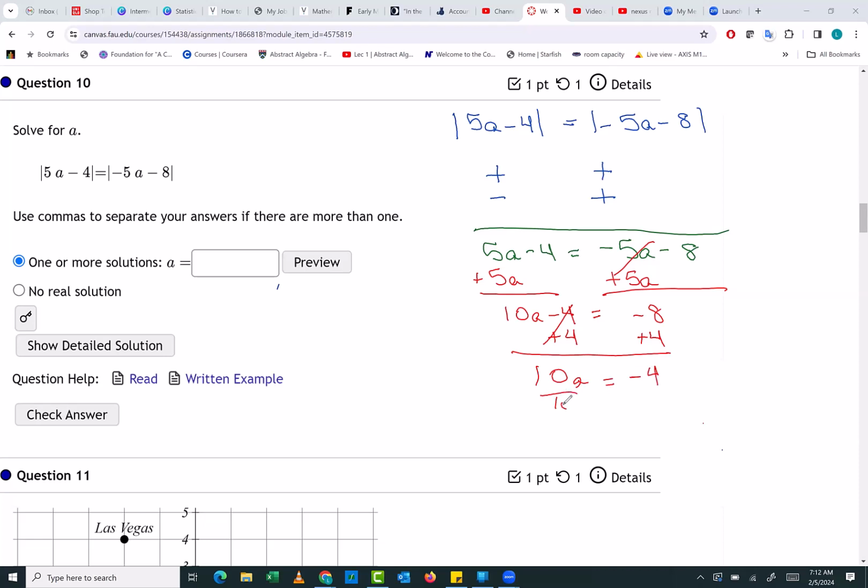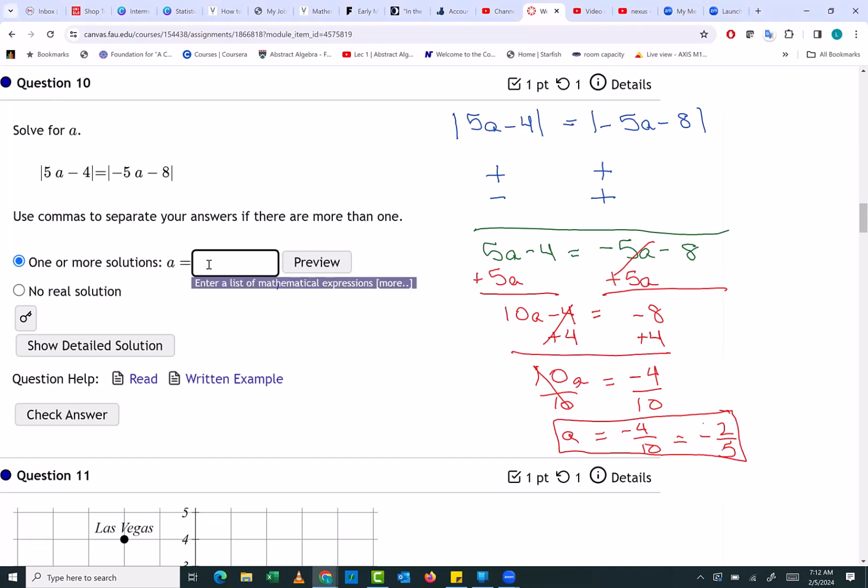Divide both sides by 10, which gives me a equals -4/10. If I simplify, that equals -2/5. That is one solution. And let's put it into the answer, and then we'll erase it.